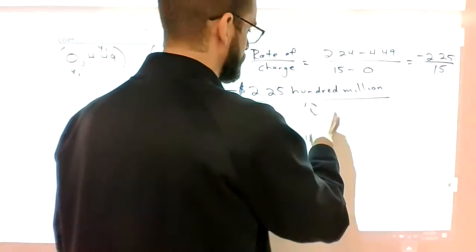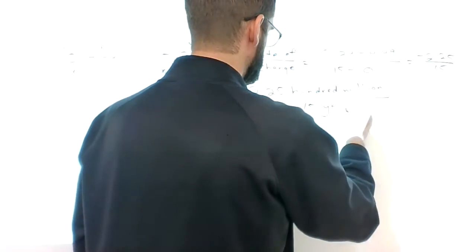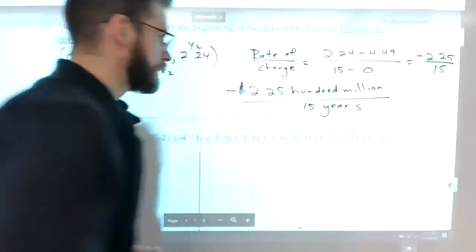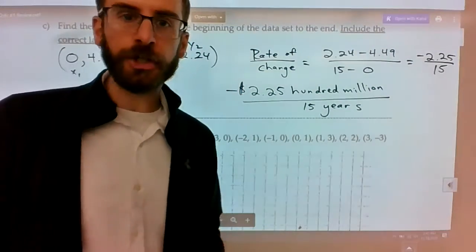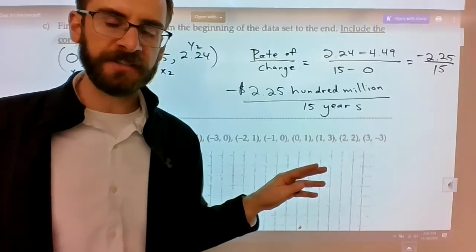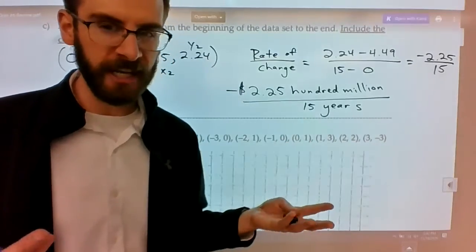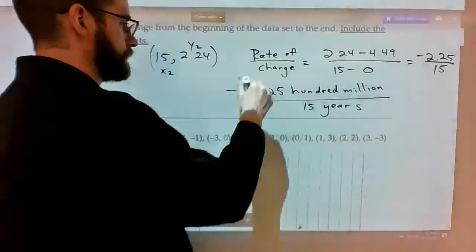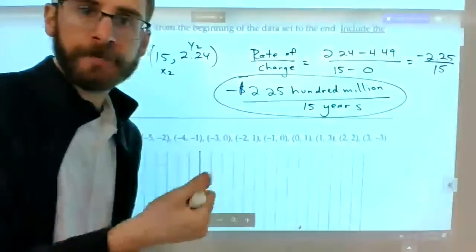And on the bottom, it's going to be over the course of 15 years. And again, you should be able to reduce this fraction if need be, but for the purposes of this assignment, the fact that we're on remote learning, that's okay. So number 1 in the books.